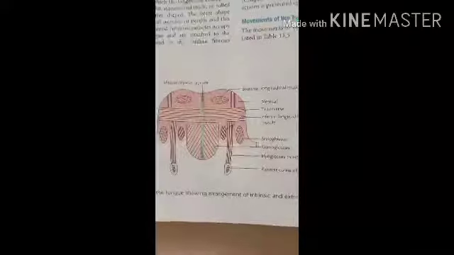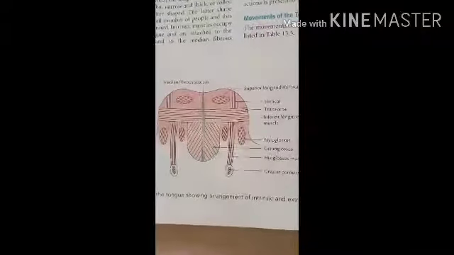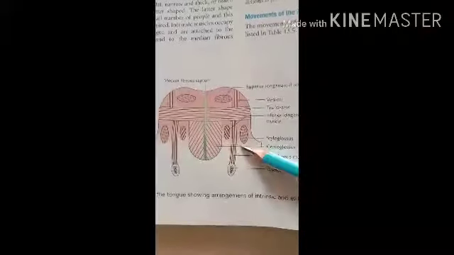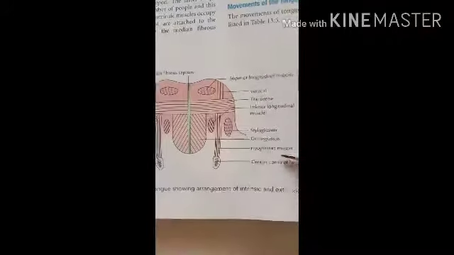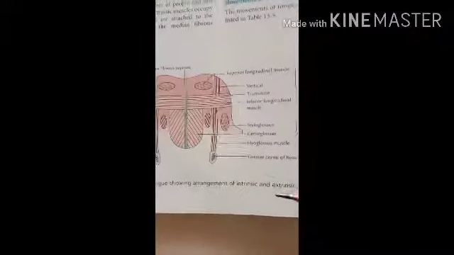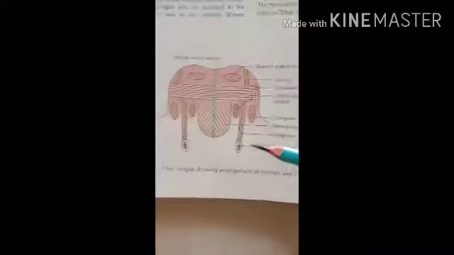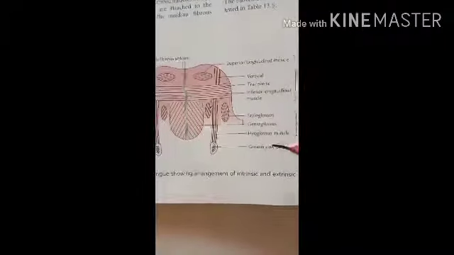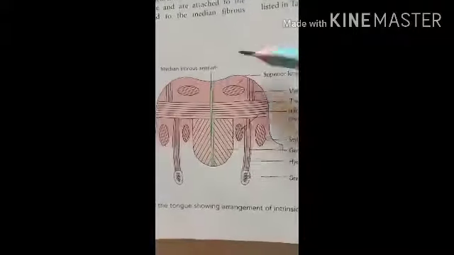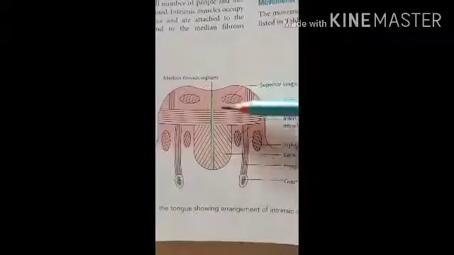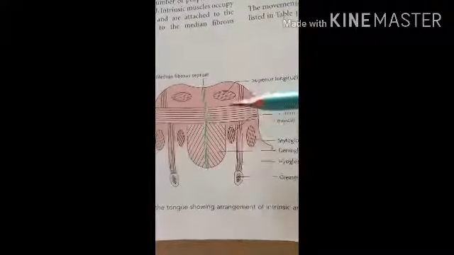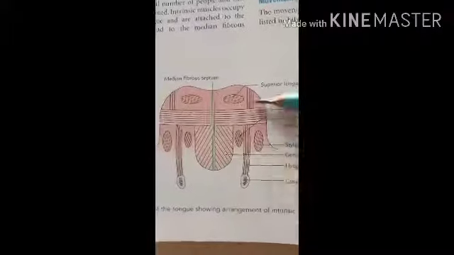And the extrinsic muscles are the genioglossus, the hyoglossus, the styloglossus, and the palatoglossus. So these are the 4 muscles present in the tongue. The intrinsic muscles give the shape of the tongue, whereas the extrinsic muscles move the tongue in different directions.